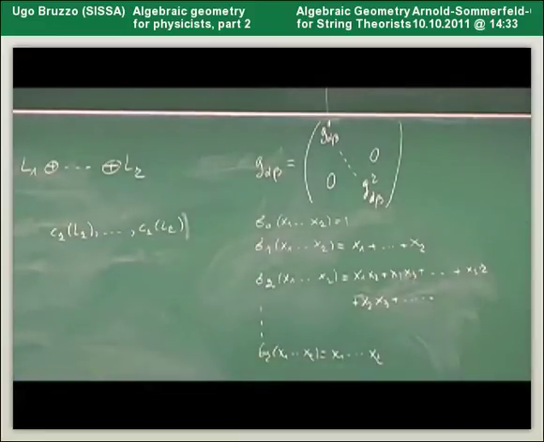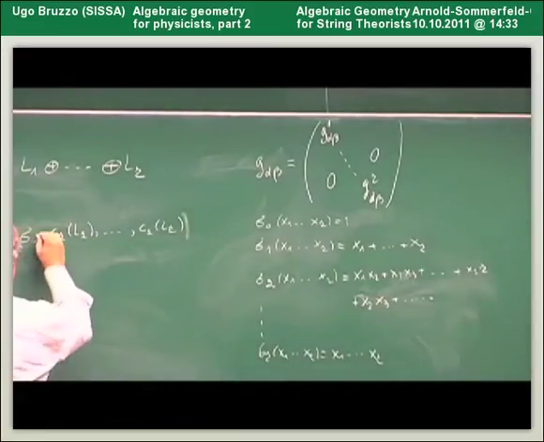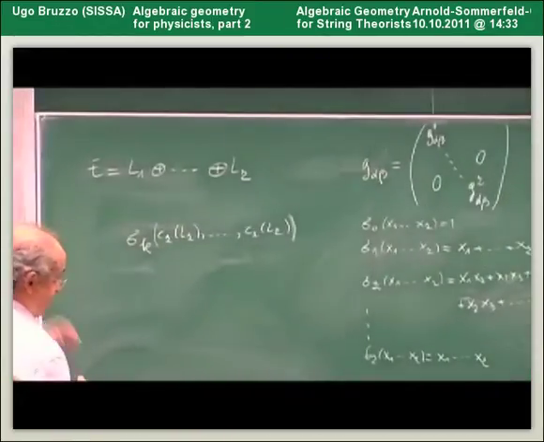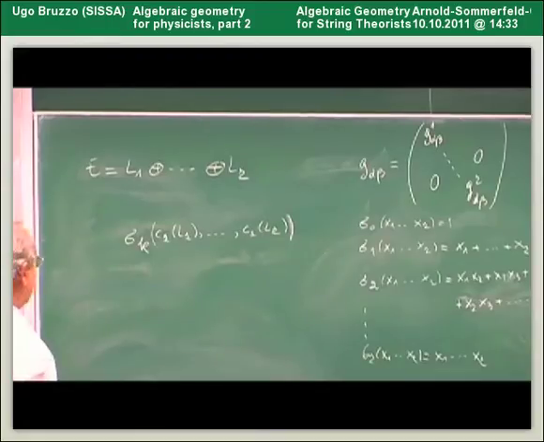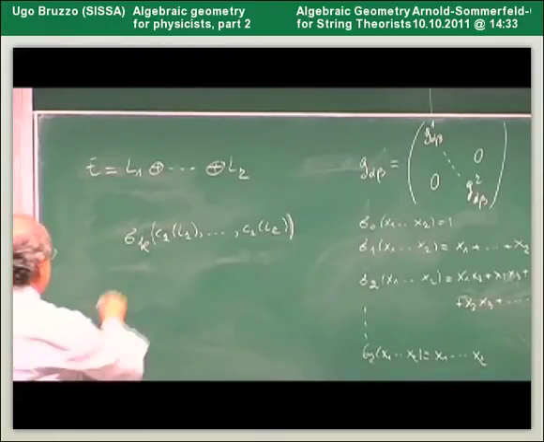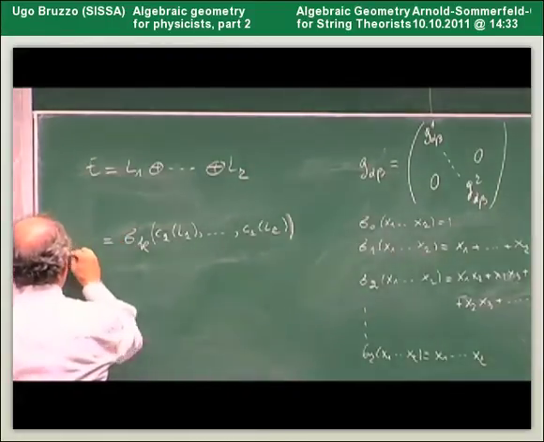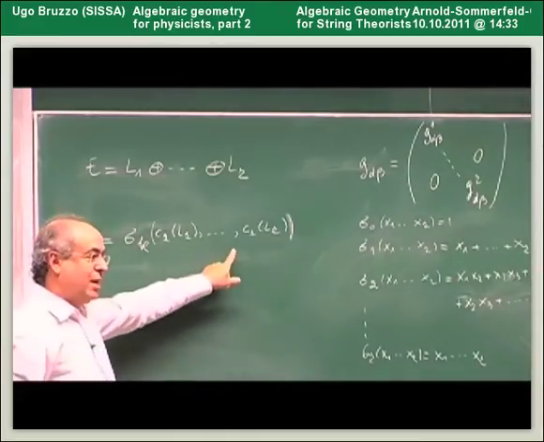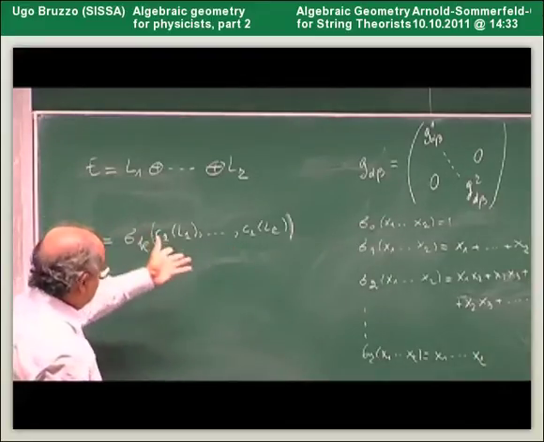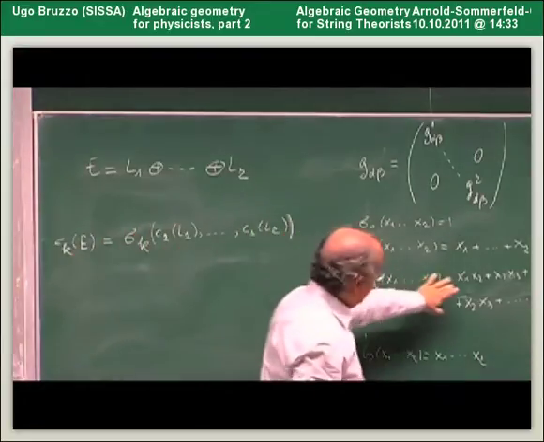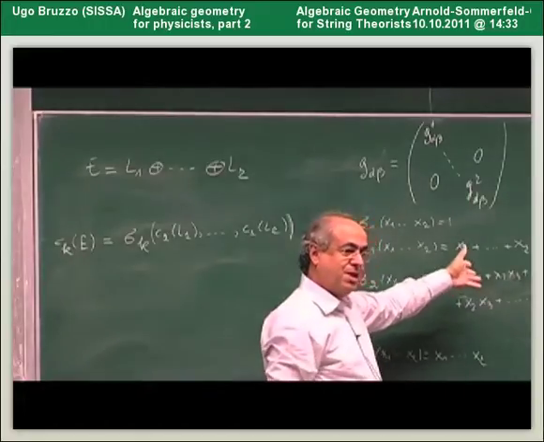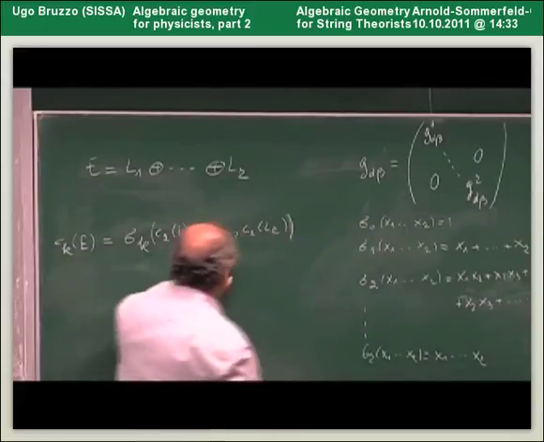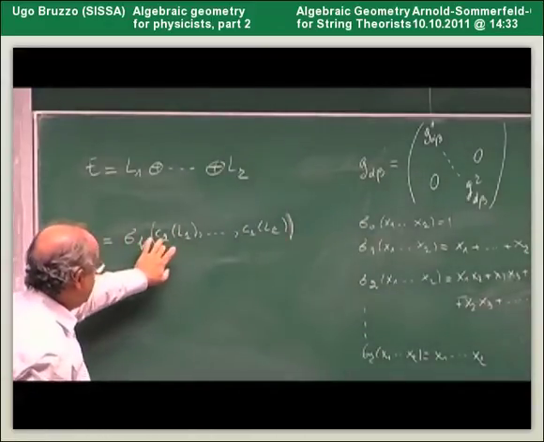Okay, and I compute the kth elementary symmetric function on these Chern classes. And I say that this is the kth Chern class. Of course, you immediately tell me, what are you doing? Because I put inside not numbers, these are formal variables, but there must be some meaning in summing and multiplying them. And what I claim is that there is such a meaning.